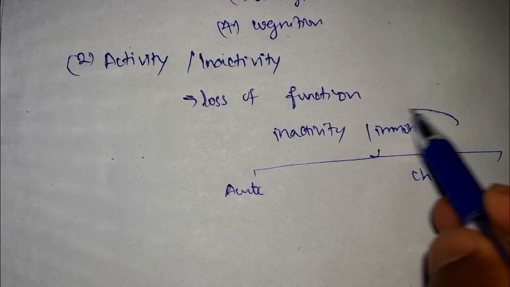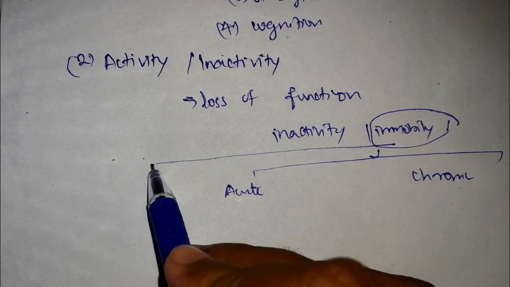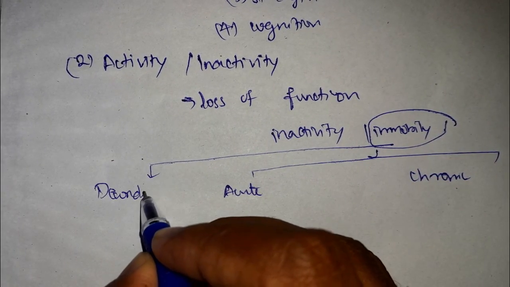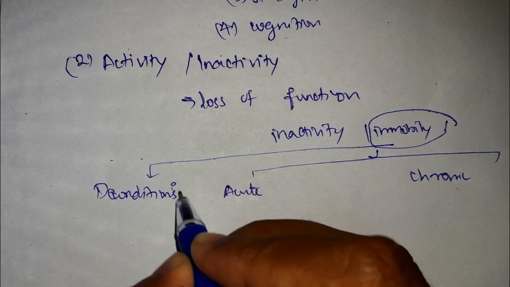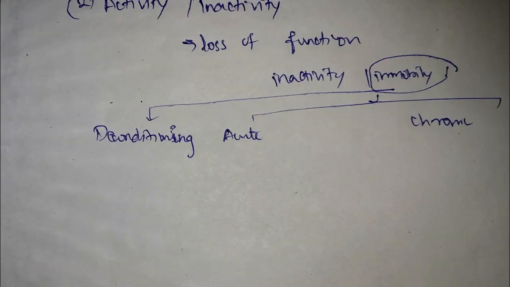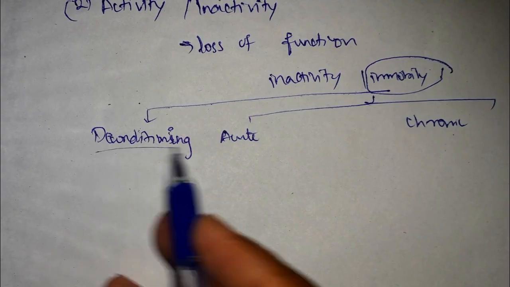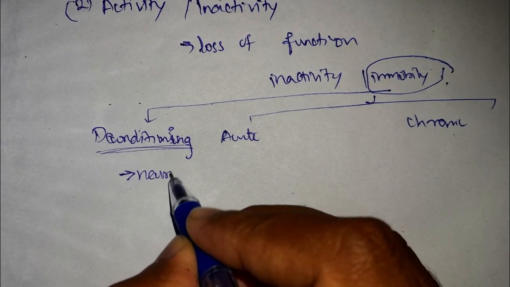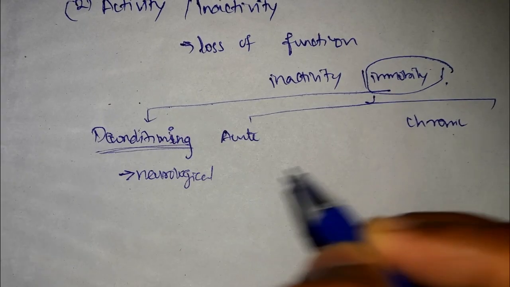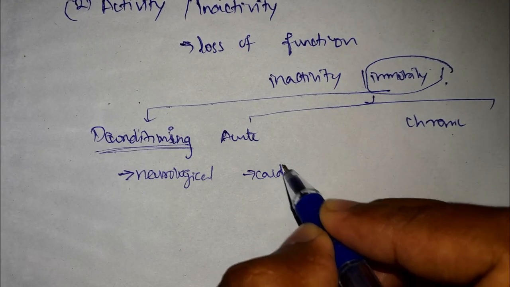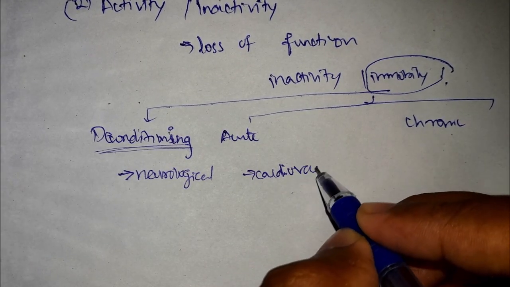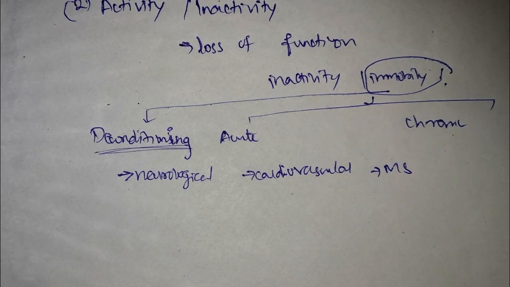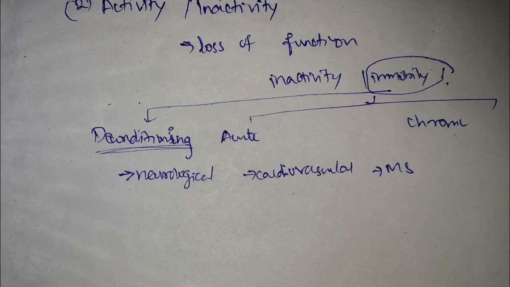Immobility may produce results for the client, such as deconditioning, which means the normal condition is impaired in the immobile patient, in the neurological, cardiovascular, and musculoskeletal areas.